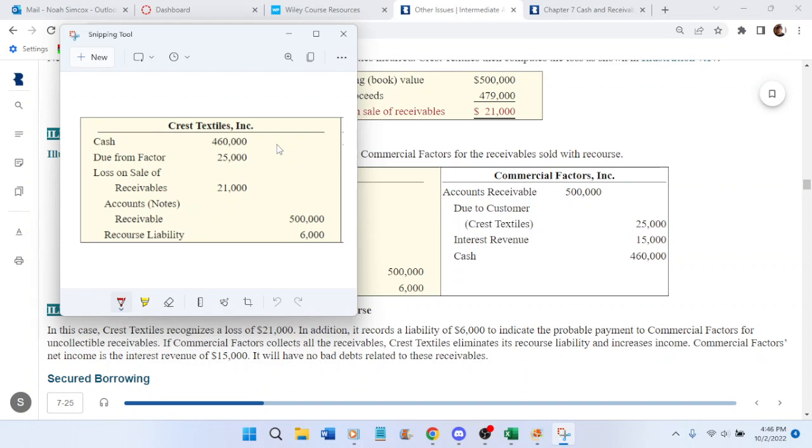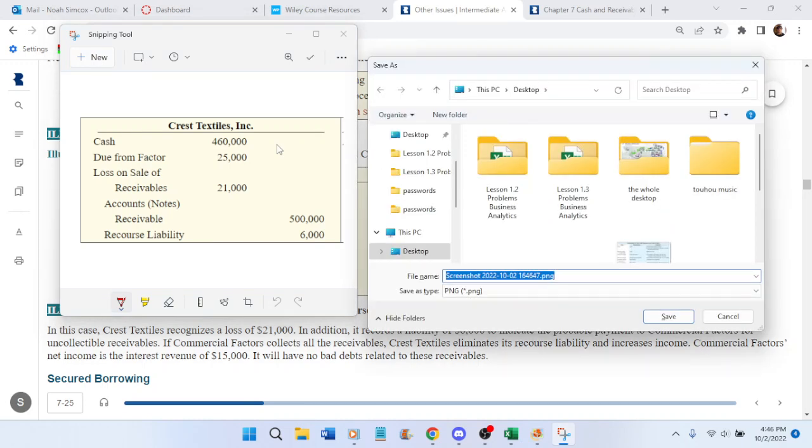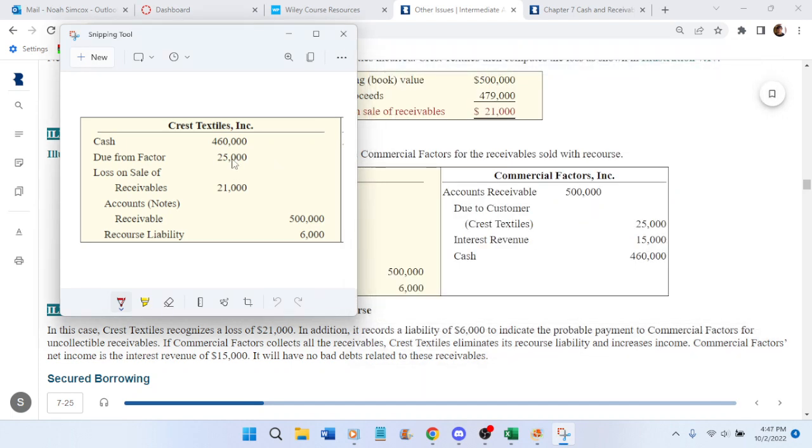Sale of accounts receivable to a factor. So basically, due from factor is basically an accounts receivable, and a loss on the sale of receivables is something that decreases revenue. Those three are debited: accounts receivable, the amount that you sold, and recourse liability.